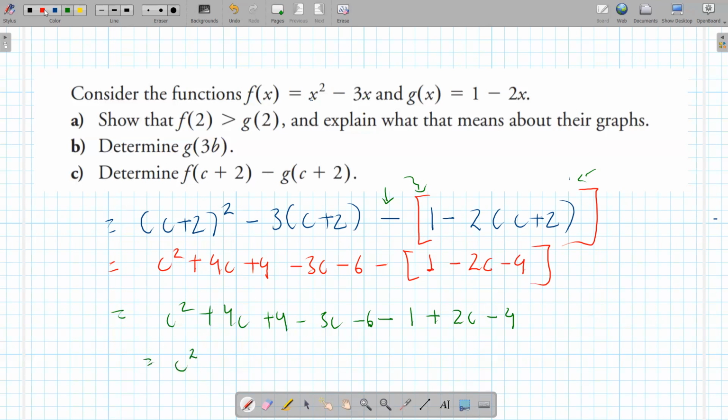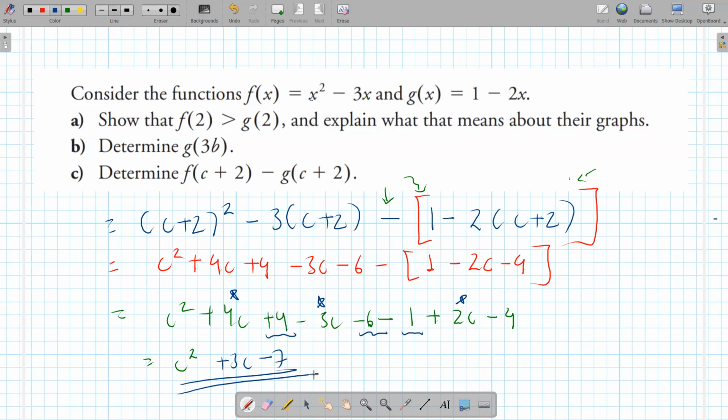And then c's, we have 4c minus 3c, which is 1c, and then we have 2c here. So that entire thing adds up to 3c, right? Yep. 4 minus 3, 1c plus 2c, 3c, and then finally the numbers, we have plus 4 minus 6, which is minus 2, minus 2 minus 1 is minus 3, minus 3 minus 4 is minus 7, and there you go. That's the final answer for this question.